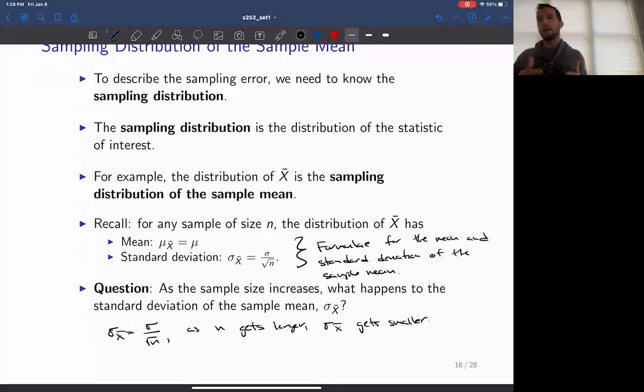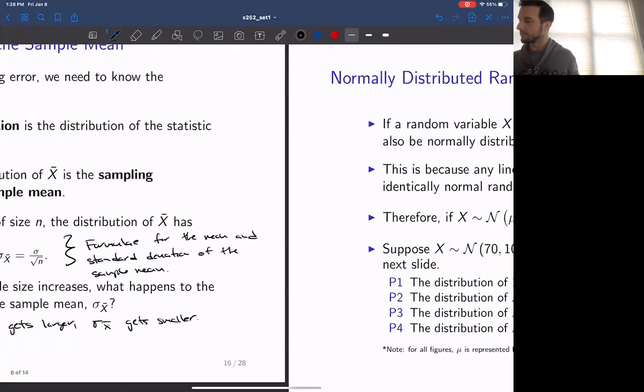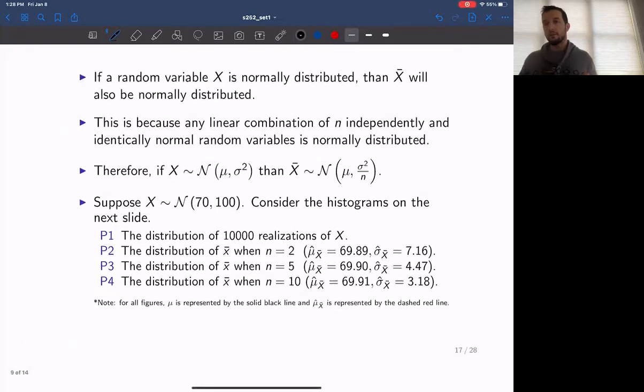Okay, so what is the actual shape of the distribution of the sample mean? Well, it turns out that if we actually sample from a normal distribution, this distribution of x bar, the sample mean, will also be normal. And this is just like a definition or a result, and it's a very useful definition or result.